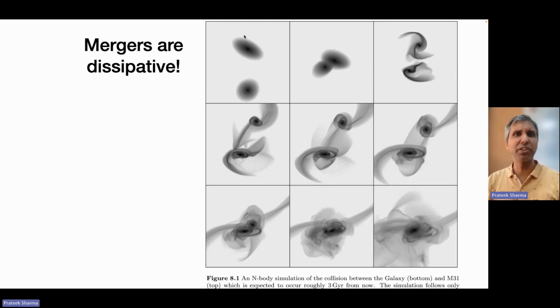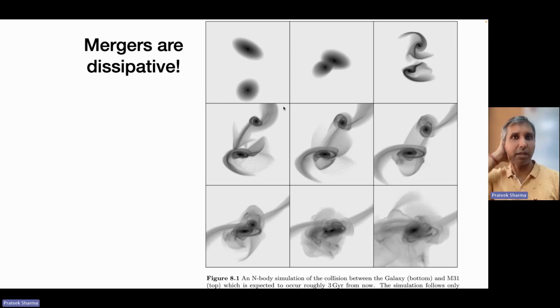So last time I briefly showed you this figure in the last class. What we are seeing here is an n-body simulation. You just take millions of particles and populate something which looks like our Milky Way and Andromeda galaxy, and you put them moving towards each other. Andromeda and the Milky Way are two of the most massive galaxies in our Local Group.